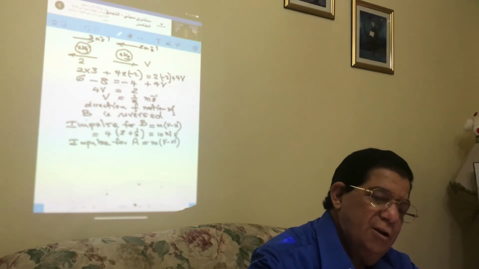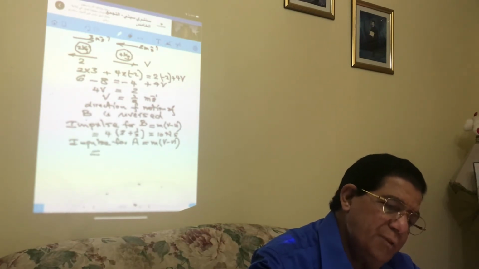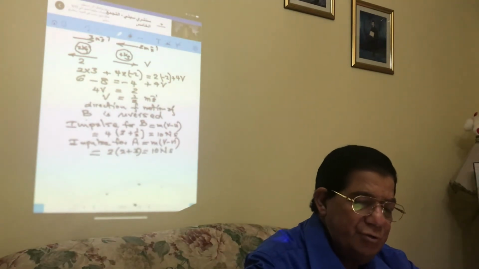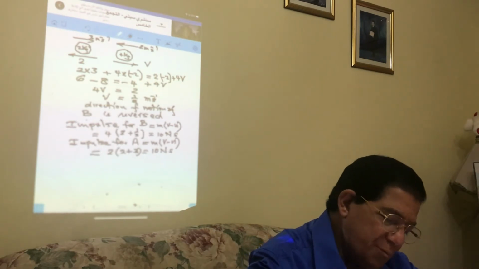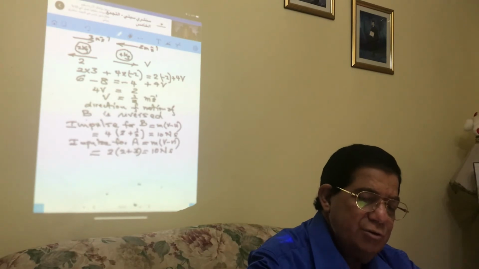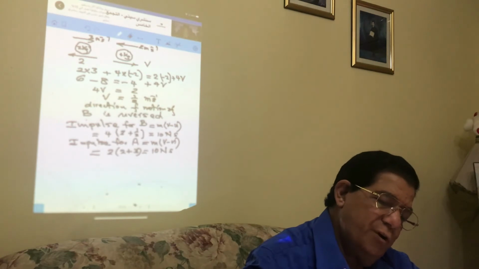The mass is 2 kilogram, and the two velocities are in opposite directions, so we add them, 2 plus 3. The answer is 10 Newton second. We must get the same impulse. The impulse is the same between the two masses. This is a must. We don't need to do this, but just to confirm.